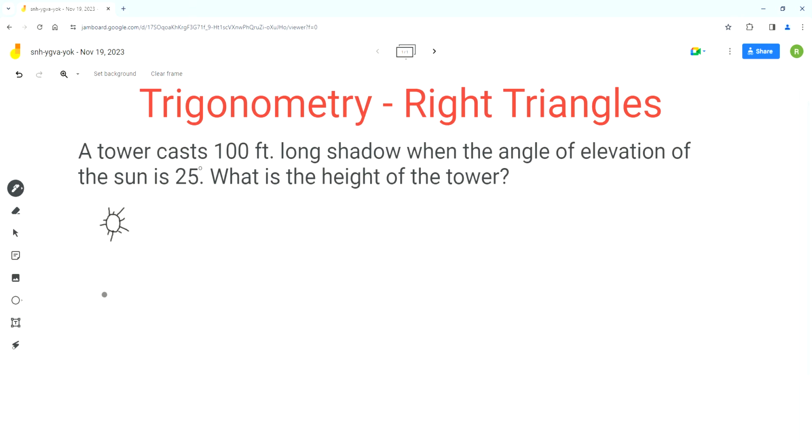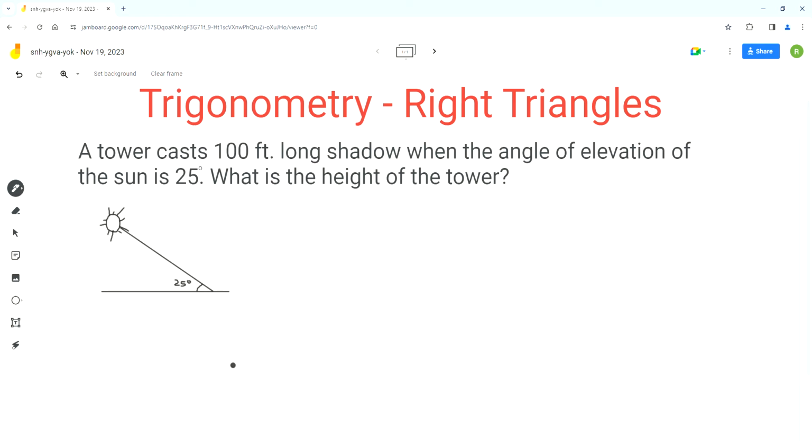This is our ground level. So the angle of elevation for the sun can be shown by this line here. So this angle here is the angle of elevation of the sun. So this is 25 degrees.